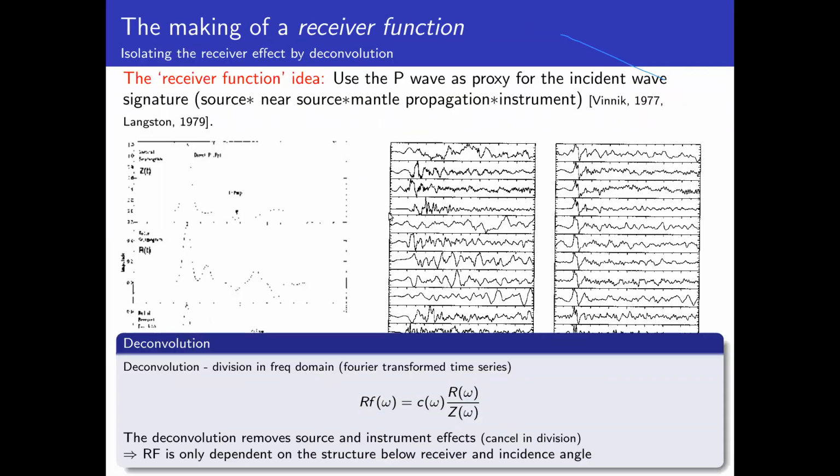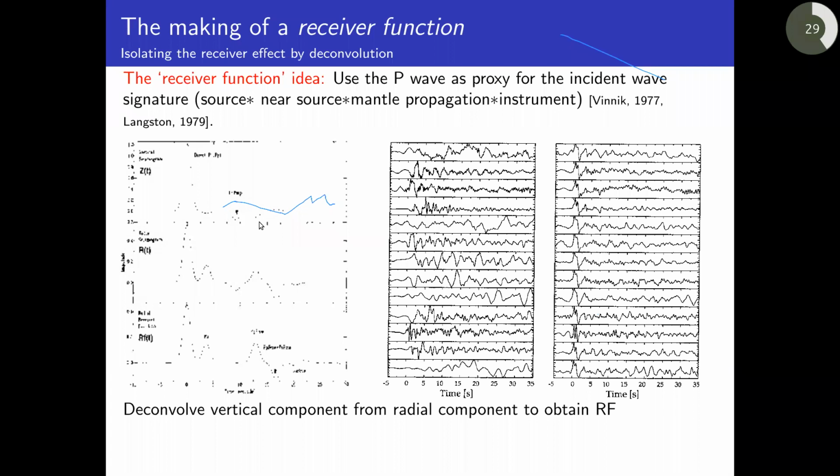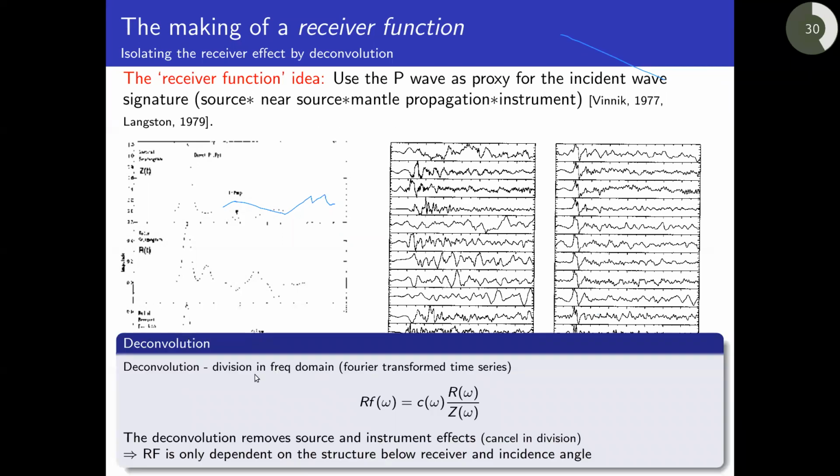The waveform that we record has the source information and also the instrumental effect, but we want to take those out. All we are interested in is just this conversion of P to S. So how you do it is to deconvolve the vertical component from the radial component, and then this will give you the receiver functions.